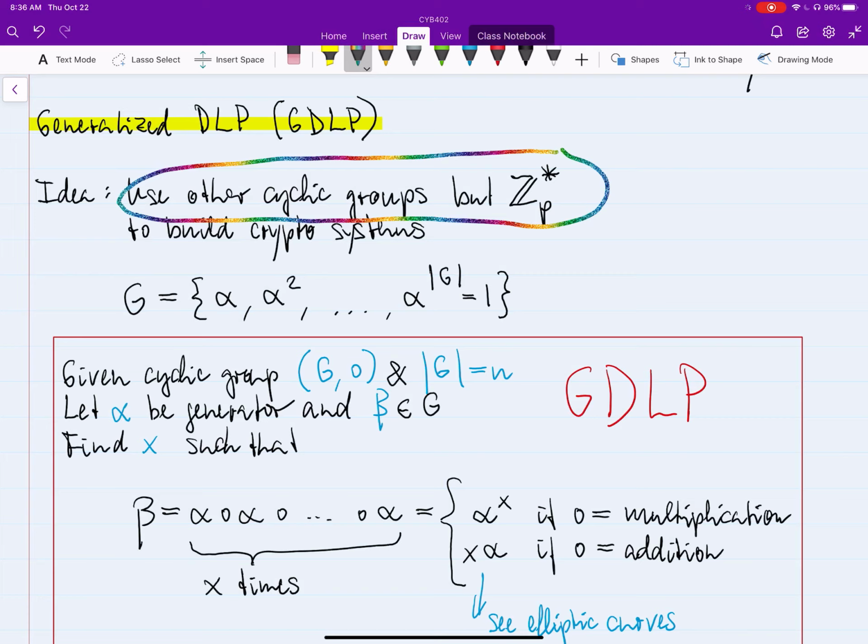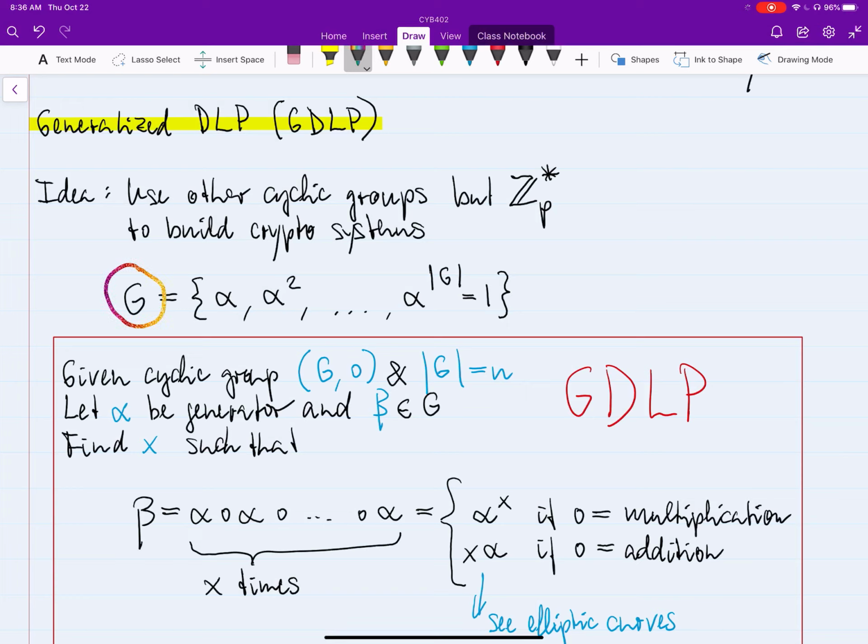So, the idea is that we have a group G, and this is what we did so far, basically, that every element in G can be expressed in terms of a generator that is being applied to operations of that group.